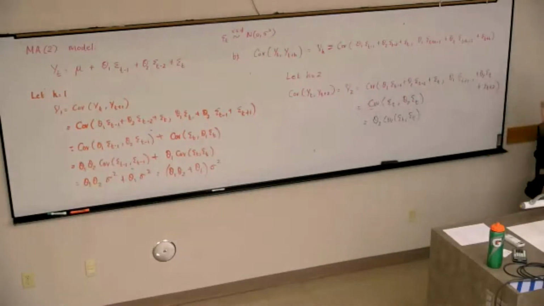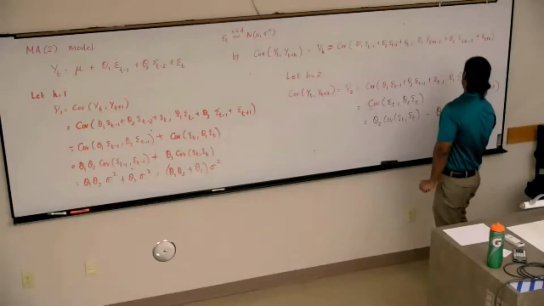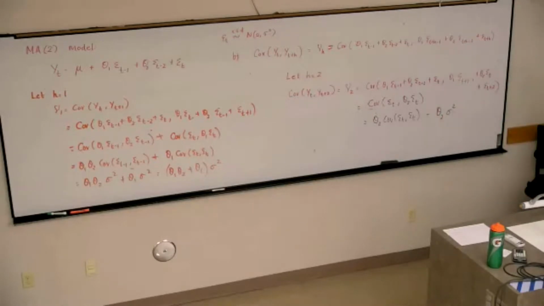I posed the question incorrectly. So what is covariance of epsilon t, comma, epsilon t? Sigma squared. It's the variance. So theta 2 sigma squared.